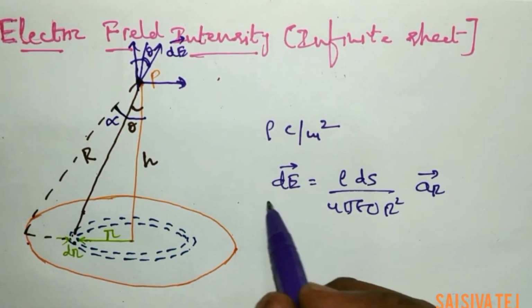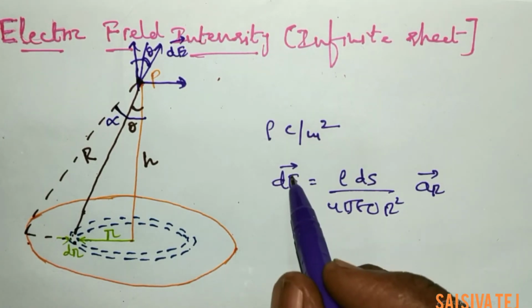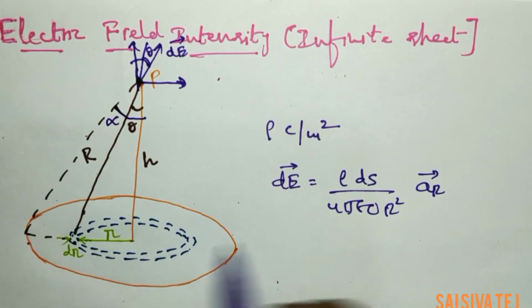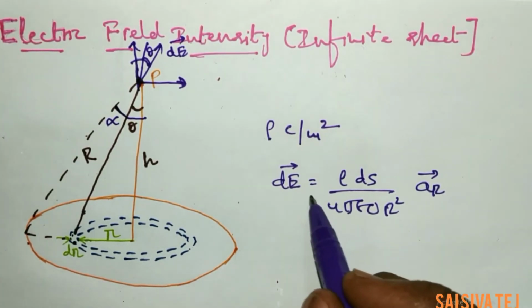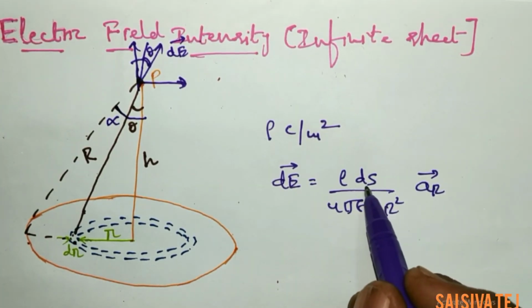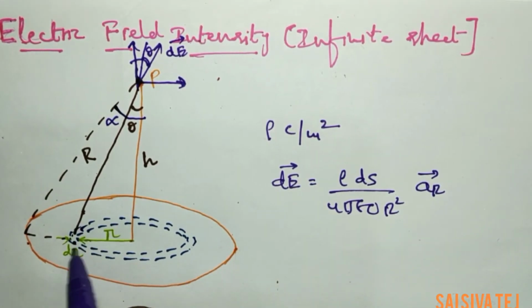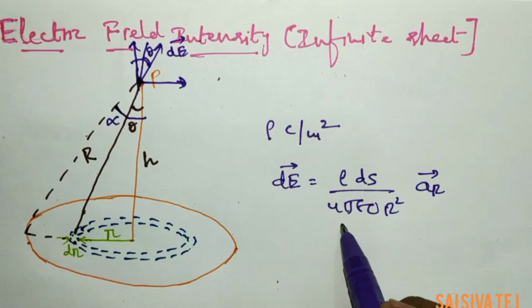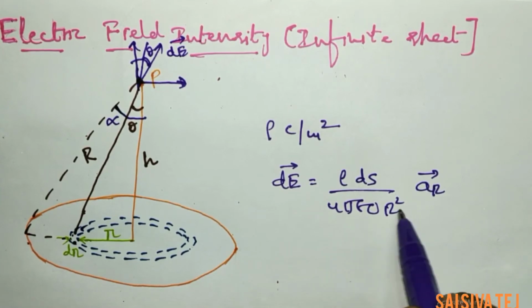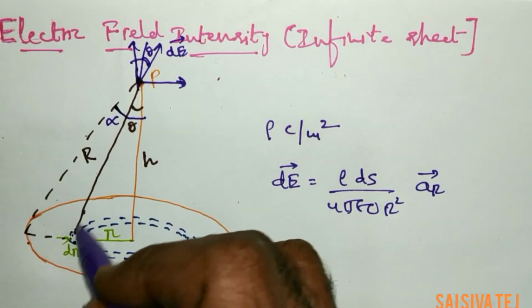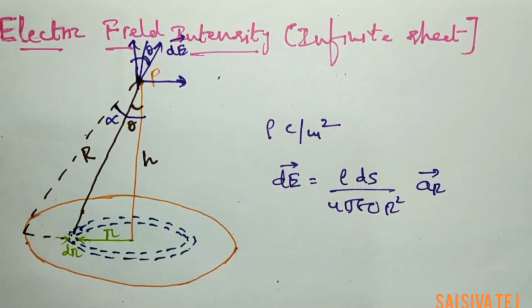Here I am writing down the formula. The electric field intensity dE bar because of this smaller portion of the disk is given as dE bar equal to rho ds, where ds is the surface of this smaller portion element, divided by 4 pi epsilon naught R square, where R is the radial distance here and a_R bar is the unit vector along this direction.